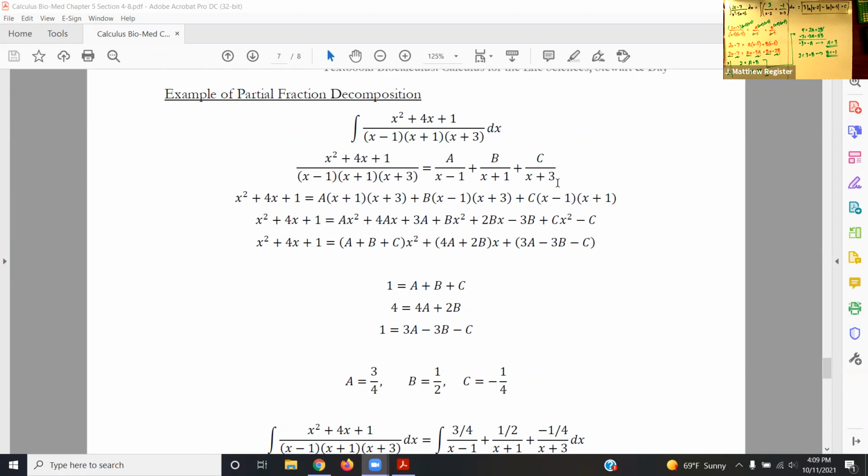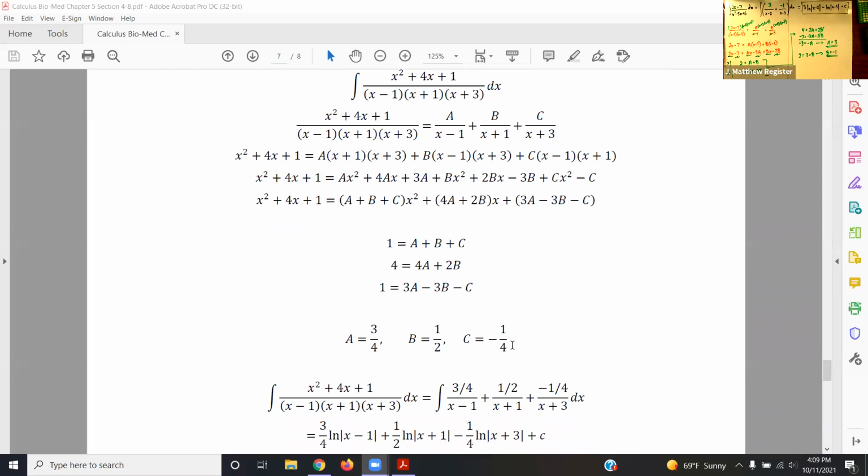And then you just have to figure out what a, b, and c are. It's a gross algebraic process, but it's completely doable. Once you have your a, b, and c values, you can just plug them in and integrate, and you're done. But getting those values is what takes a little bit of time.